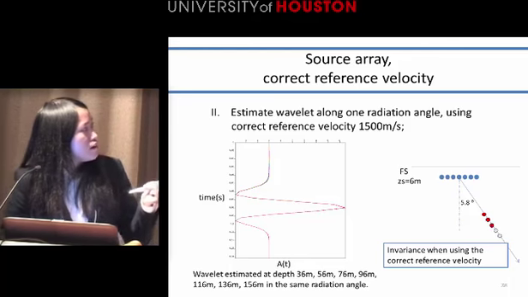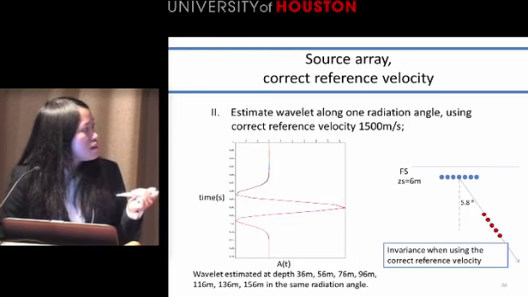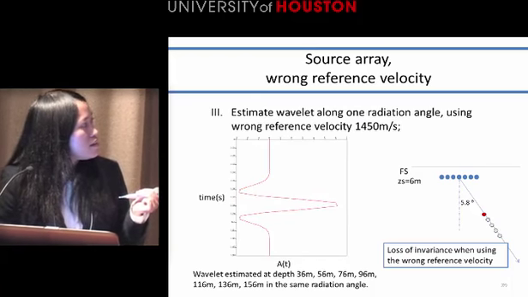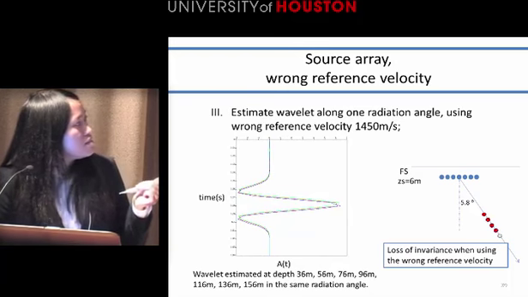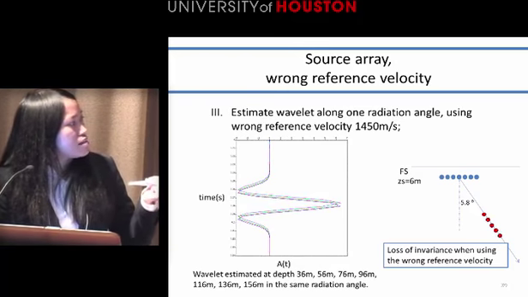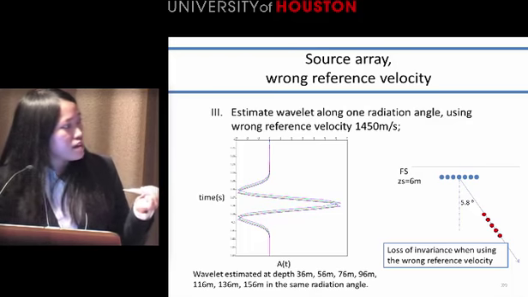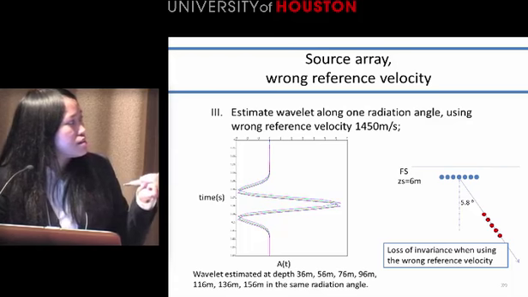If we use a wrong reference velocity and still estimate the wavelet at these 7 points, this shows the 7 traces again along the same angle, but you can see there are shifts of the results.